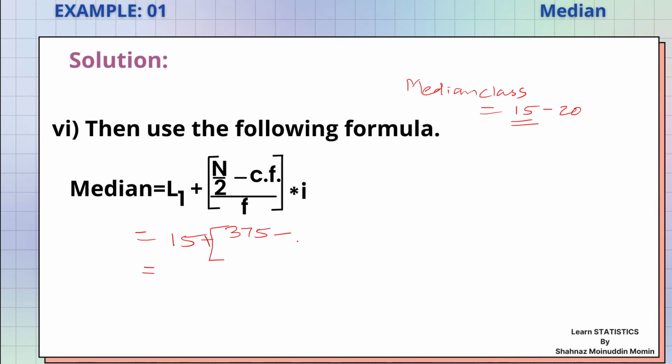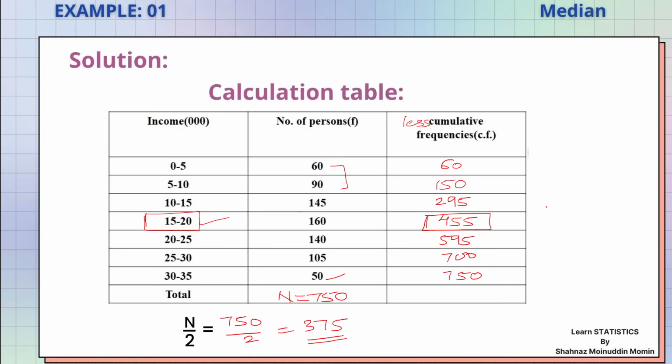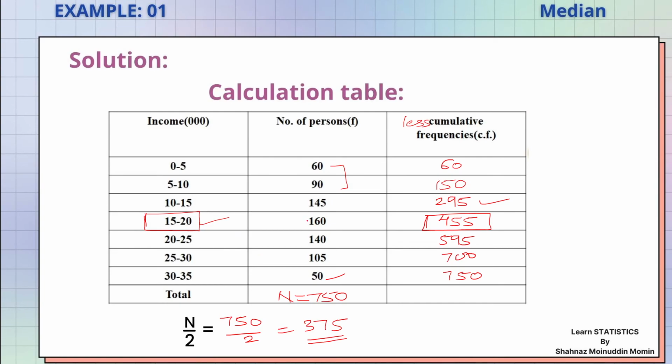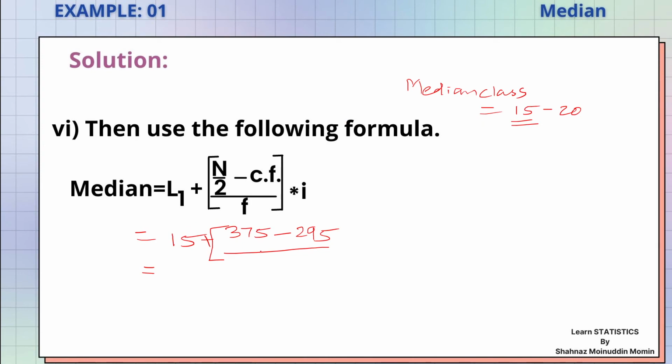CF is the CF of the previous to median class. This is the median class. Previous class is 10 to 15 and its CF is 295. Put the CF as 295 and F is the frequency of median class, which comes out to be 160. Substitute the value of F as 160. I is the class interval, upper limit minus lower limit, 20 minus 15, which is 5.